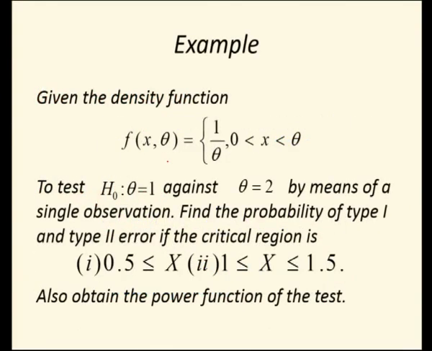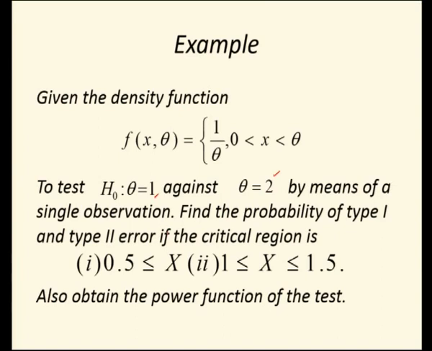Consider the density function of the form f of x comma theta equal to 1 by theta, where x lies between 0 and theta. You have to test theta is equal to 1 against the alternative theta is equal to 2 by means of a single observation, that is, only one sample is given, n is equal to 1.